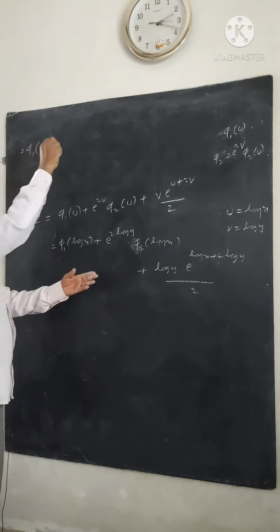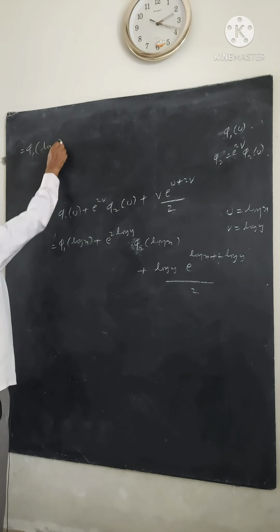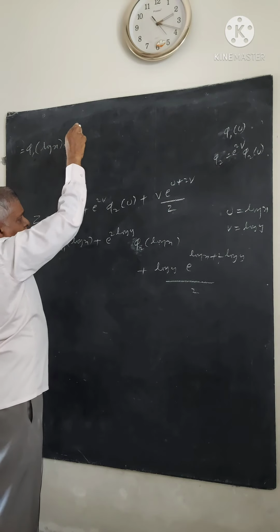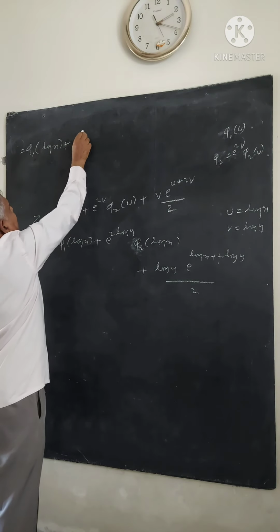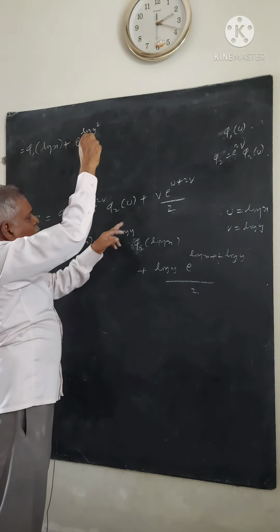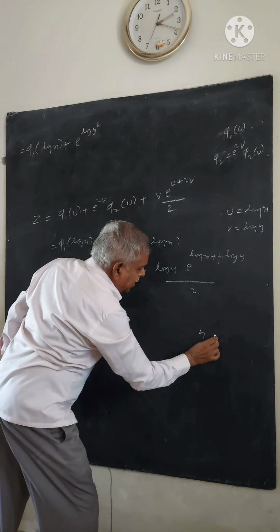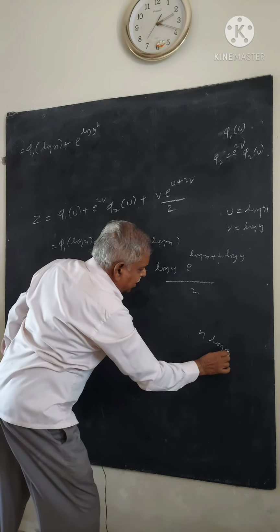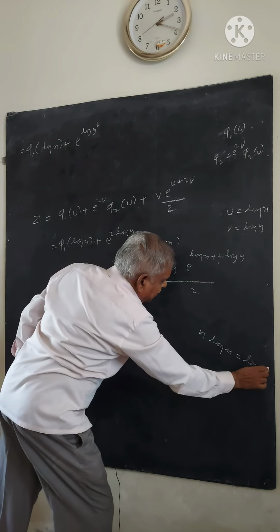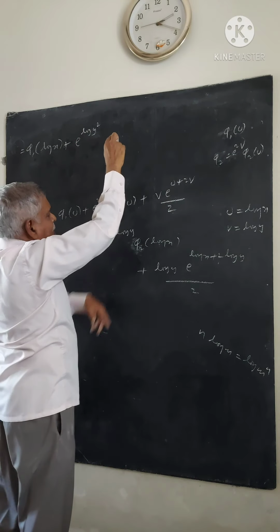Phi 1 is log x plus e power log y square. The log rule is 2 comes up: log m power n equal to n log m is the rule. We applied this, the 2 comes as power.